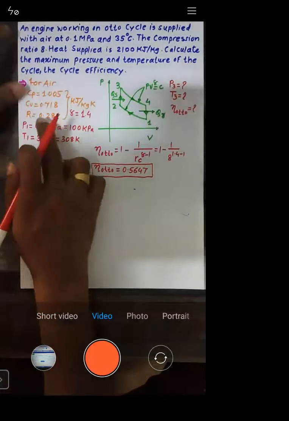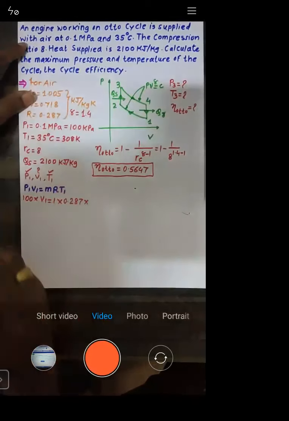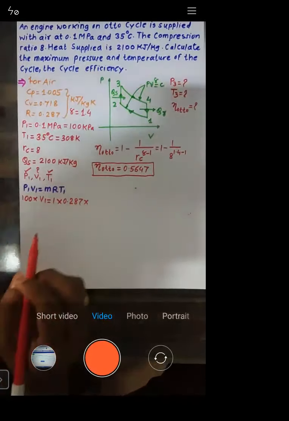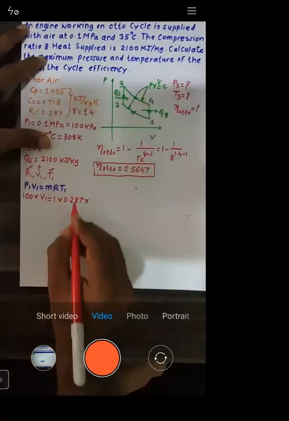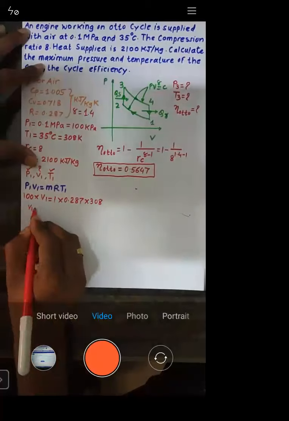The value of R I have written as 0.287, into T1, the temperature. What is the value of T1? You can see it is 308. So let us calculate V1 from this expression.